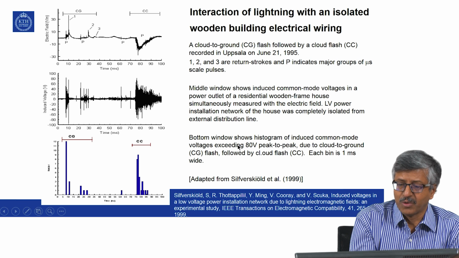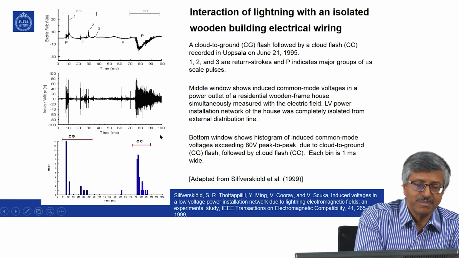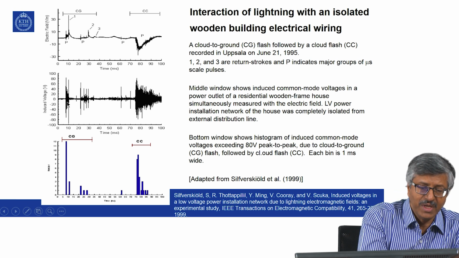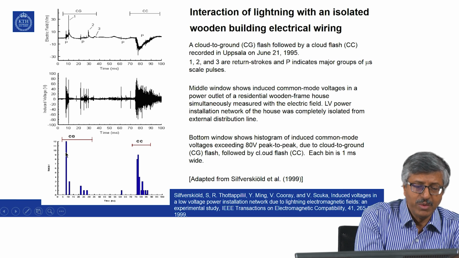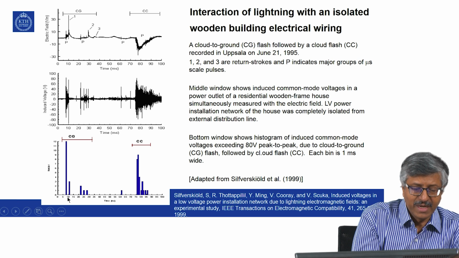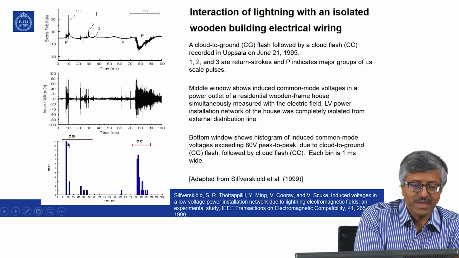So, here bottom window shows histogram of induced common mode voltages exceeding 80 volt peak to peak. Say for example, this is 40 and this is 40. So, 80 volt peak to peak. So, how many pulses are exceeding that value? So, already at around 7 millisecond you have 12 pulses that exceed 80 volt peak to peak has occurred.